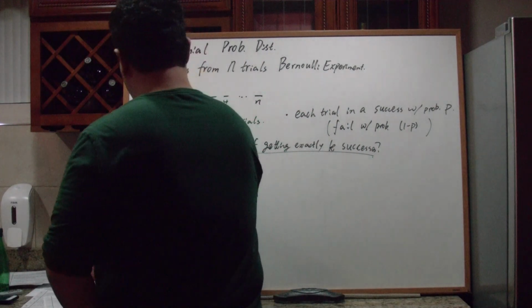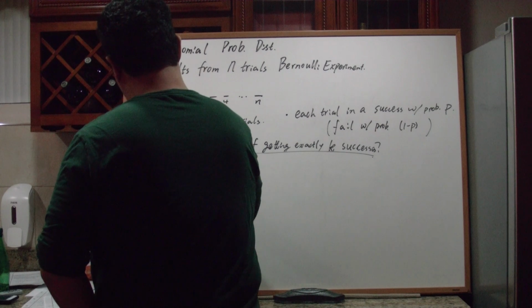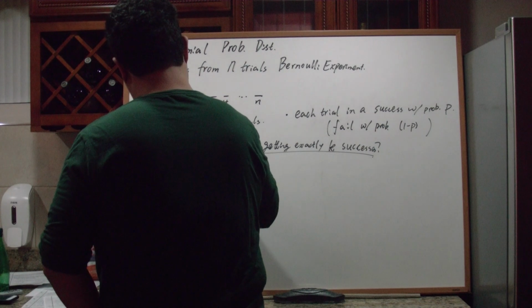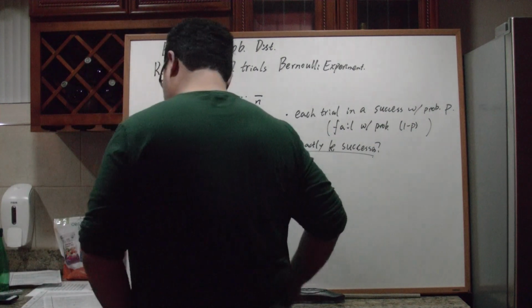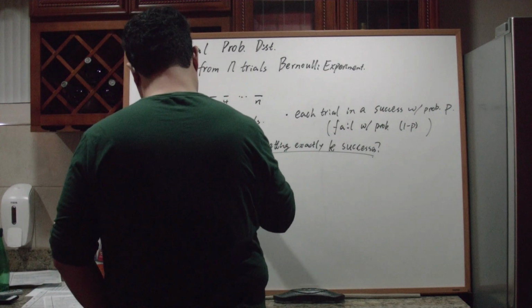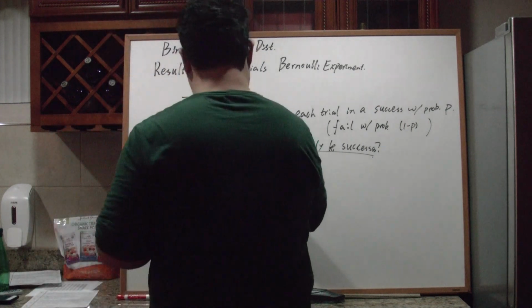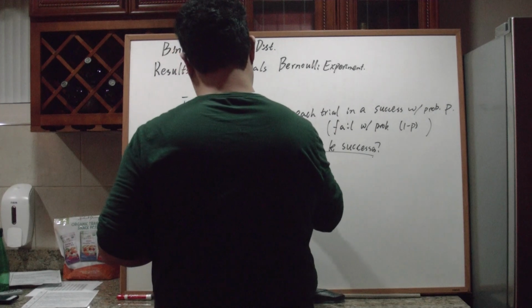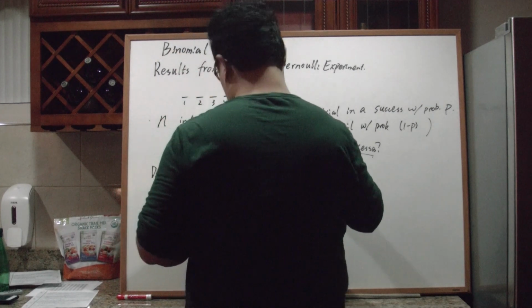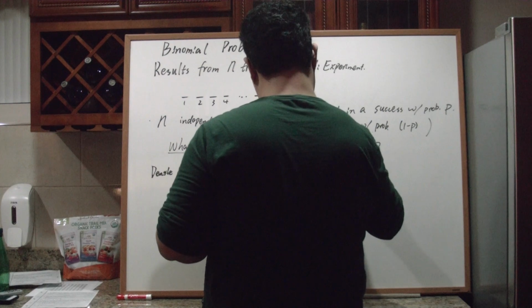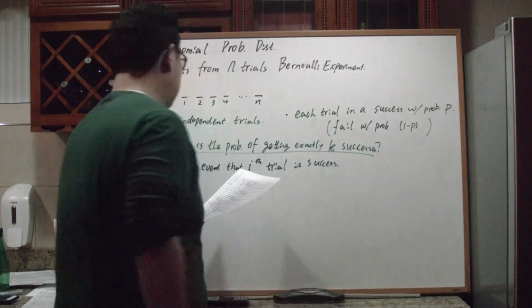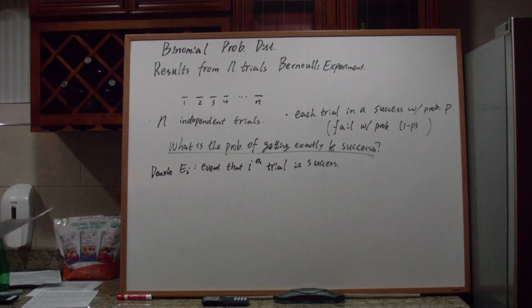Right, so let's denote E_i such that event i is trial i being a success, which means E1 is the first trial is a success, E2 is the second trial is a success, and so on.